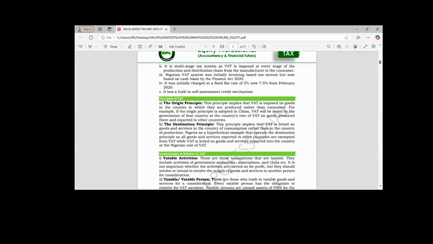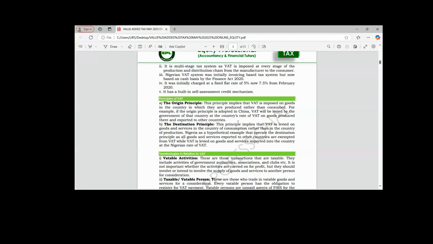Whether that goods is being consumed in that country or not, they are going to charge value added tax on that good. Most of these advanced countries, because they are producing countries, adopt what is called the origin principle, in which any goods you want to take away from their country, they are going to also charge VAT on those goods before you can take it away from their country.